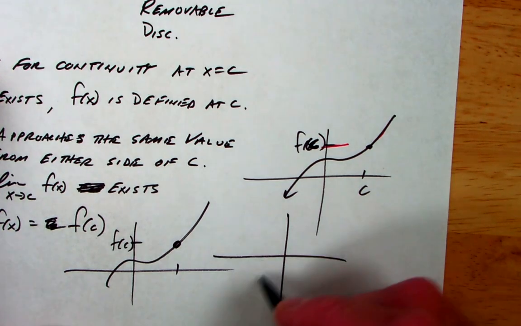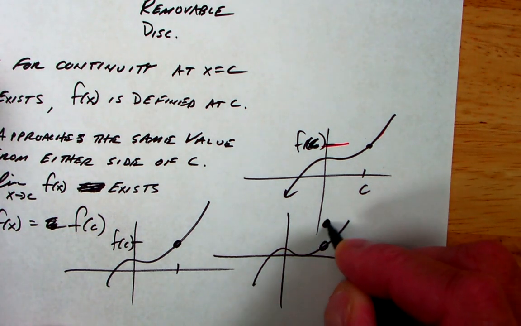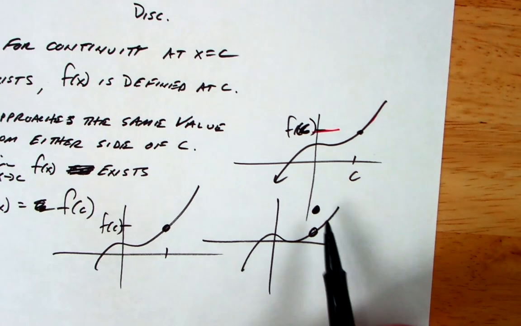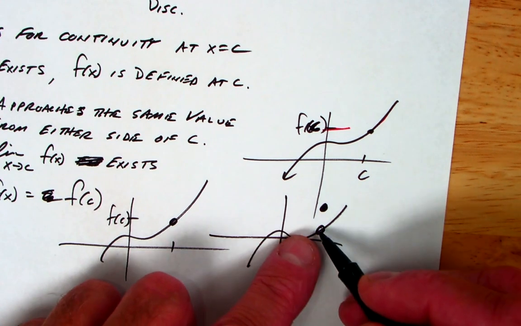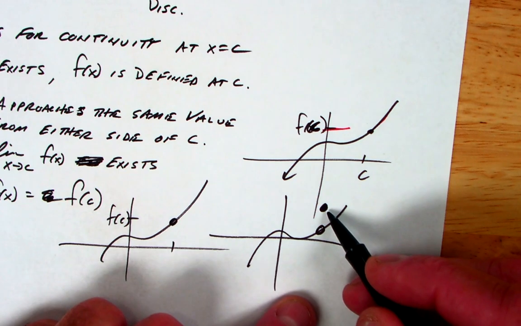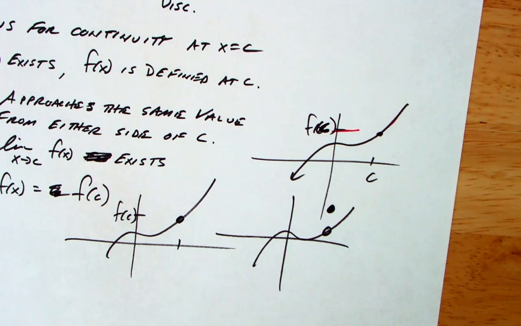The only way I could do this is if I had this point up here. This is f of c. Is my limit getting closer and closer to that height? No. So that's kind of an abstract thing. This whole thing is kind of abstract. If your brain's going, what the heck? It probably should for a little bit. Okay?